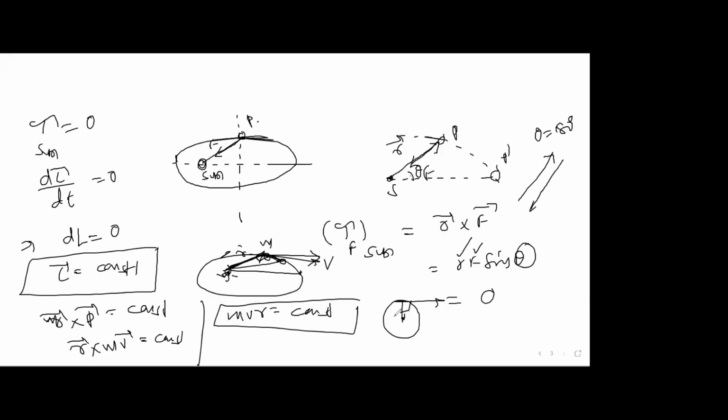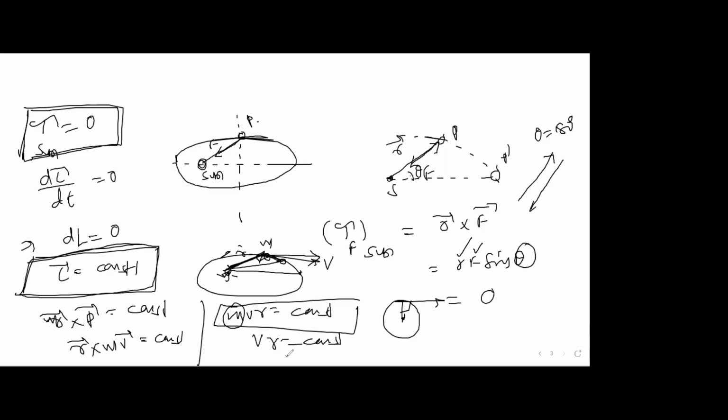So what is the conclusion here? The torque of the gravitational force of the sun on the planet about its center is zero. So the angular momentum of the revolving planet or satellite around the sun or any other celestial object is constant: mvr is constant. The mass of the planet is of course constant, so v into r is constant.